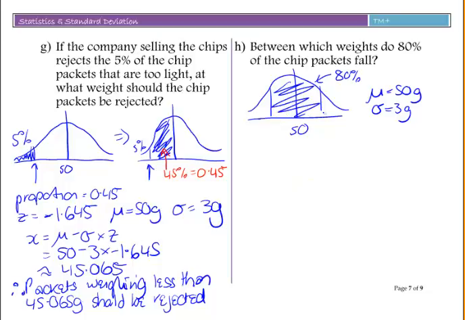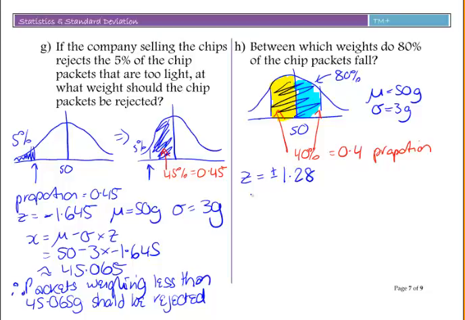To look at this area here, we have to look at each separate area, and each of those areas is 40%, or 0.4. That's our proportion. So go to our normal distribution table, and for a proportion of 0.4, z equals 1.28. We're going to go plus or minus 1.28 because we want above and below the mean. Okay, so there are our z-scores.